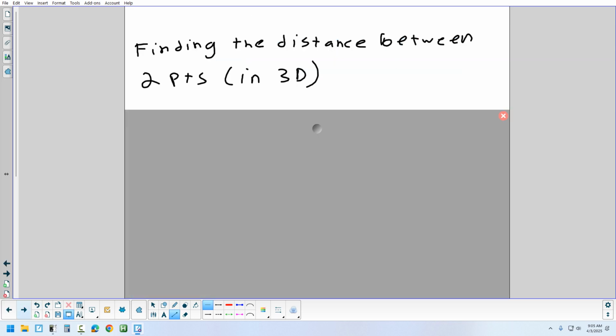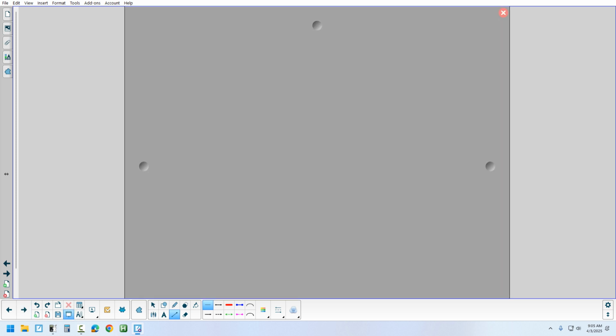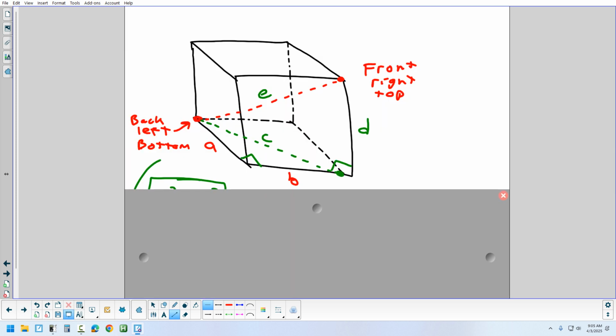All right, the first thing we're going to look at is how we find the distance between 2 points in 3D. What I want to try to look at is finding E. E is the distance from the back left on the bottom of the box to the front right top corner of the box.